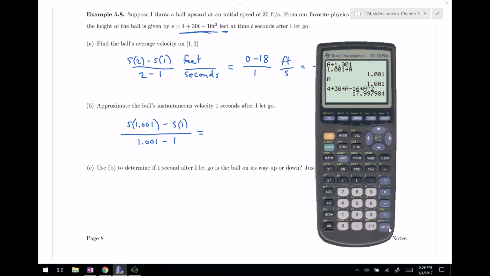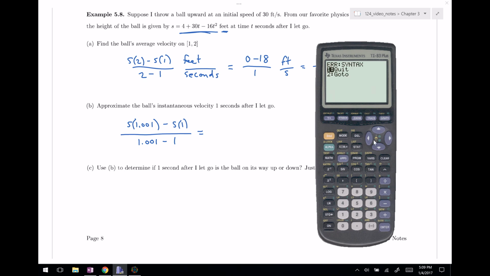So there we go. That's very nice. And now I can subtract away. We already know s of 1 is equal to 18. Right? So s of 1 is equal to 18. Let's go ahead and subtract that away. Oops. Delete. Man, I'm just all over the place right now. Delete. So I'm going to do minus 18.